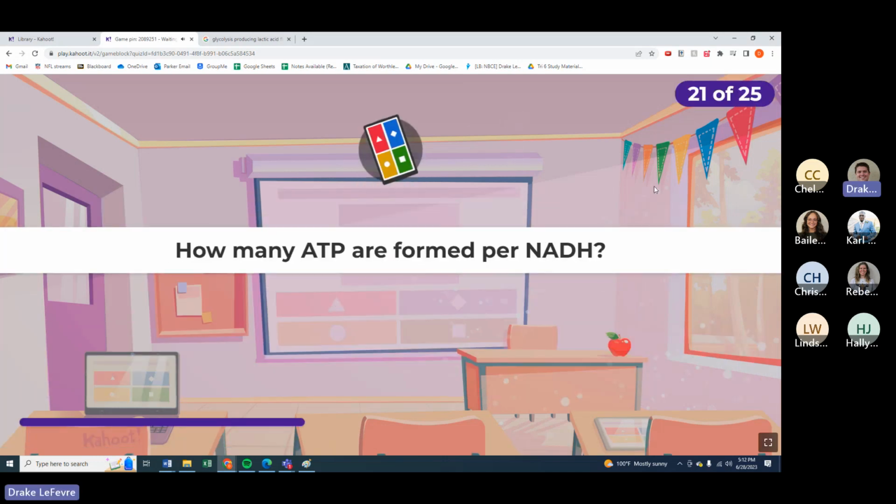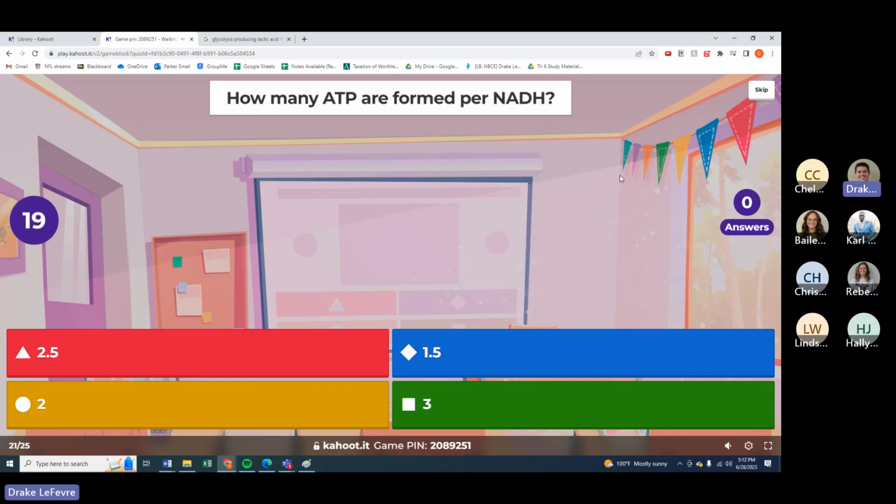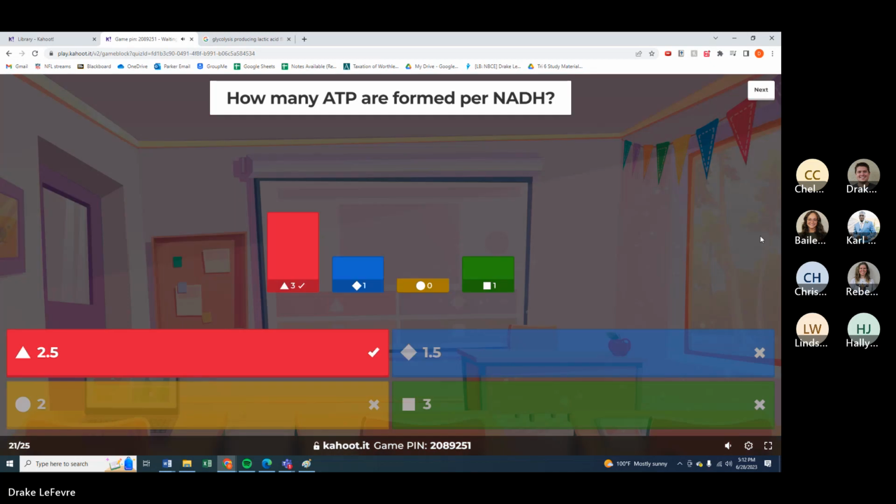Question 21. How many ATP are formed per NADH? Very good. How many ATP are formed per FADH2?